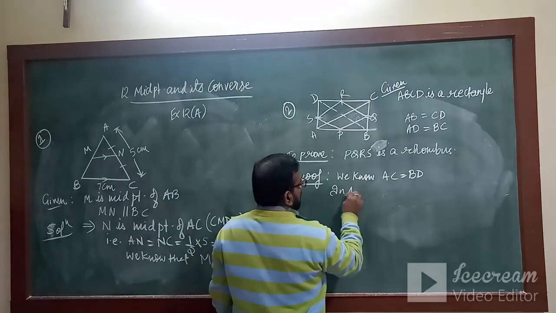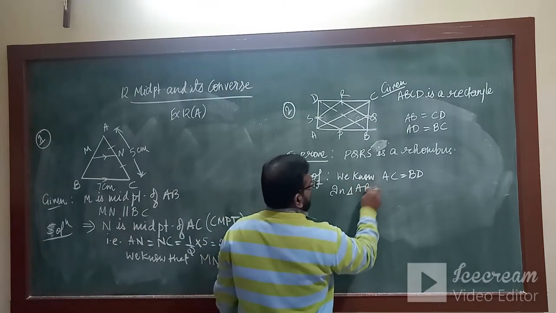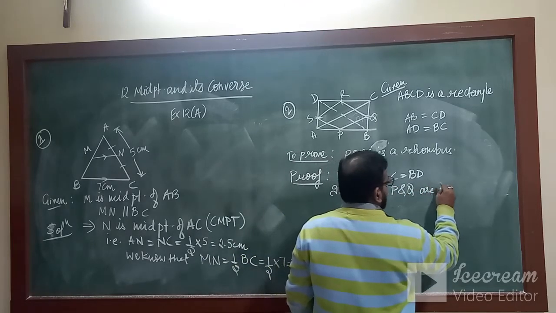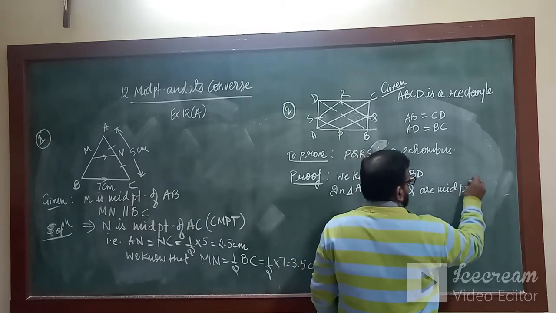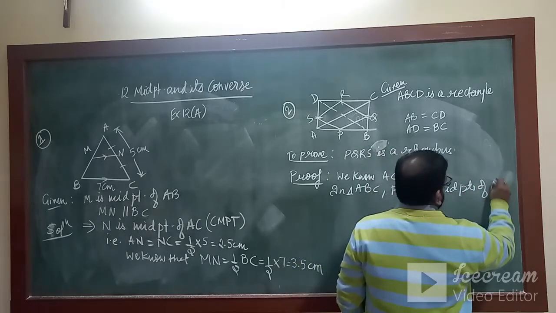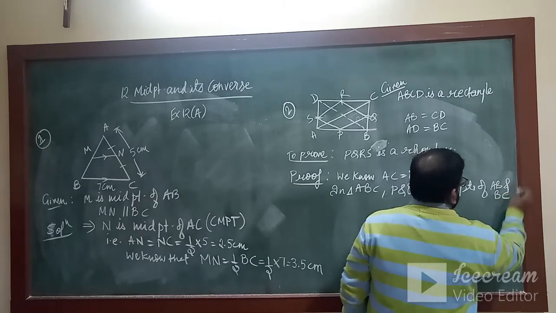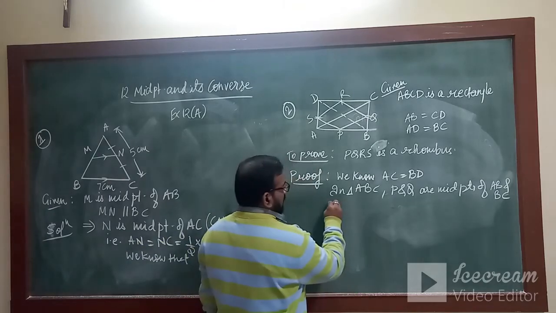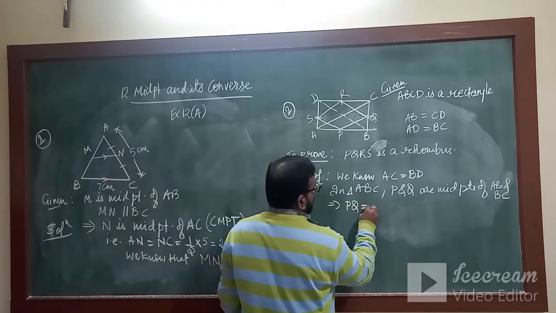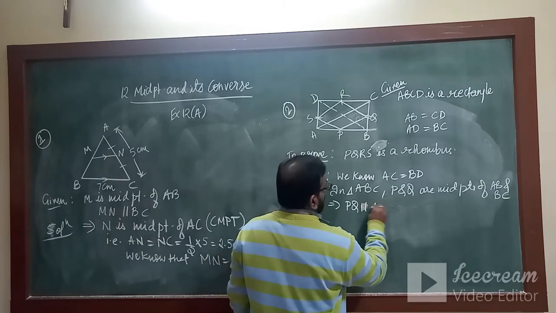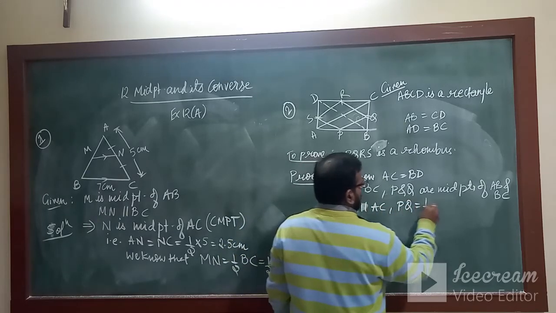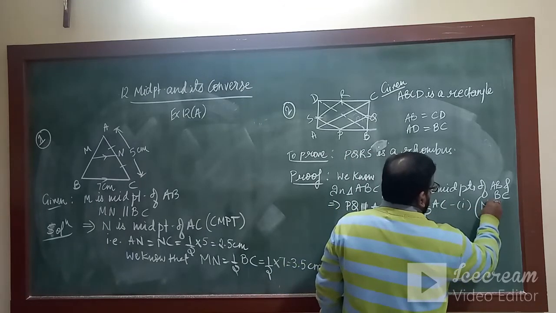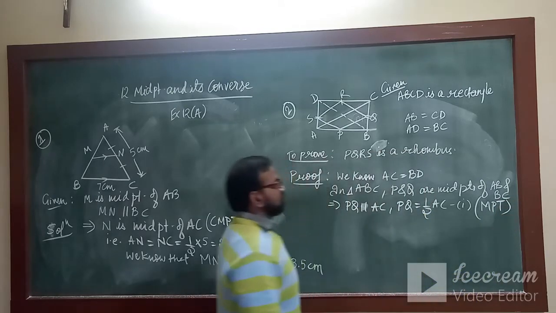First we will take, in triangle ABC, we know P and Q are midpoints of AB and DC. So PQ is parallel to AC and PQ equal to half of AC. This is our first equation, and we can write it by midpoint theorem.